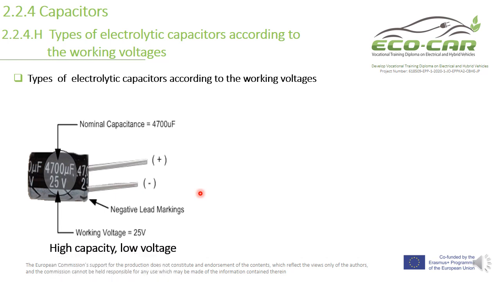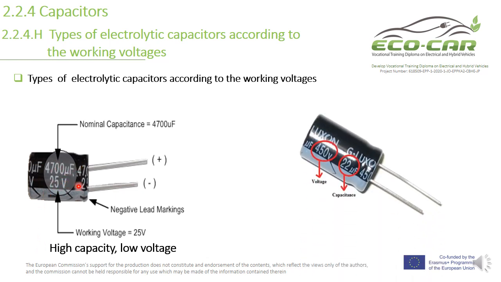This is high capacity with low voltage. But here we have low capacitance, 22 microfarad, with high voltage, 450 volt. See here, 25 volt is low voltage, and 450 volt is high voltage.